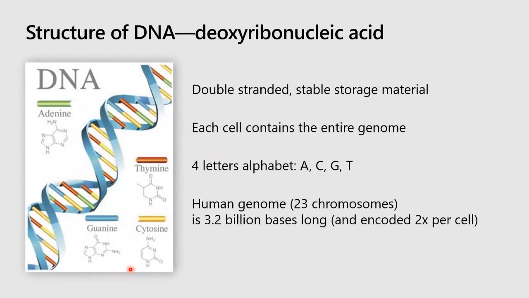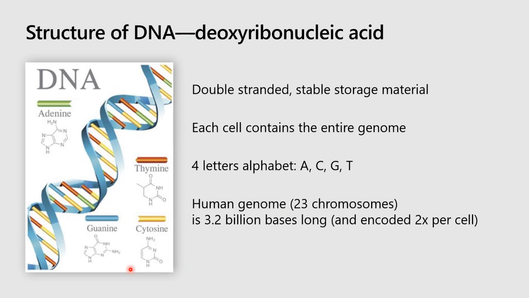So for those of you who may not remember from Bio 101, we're in the world of genomics, we're studying the information encoded within DNA, or deoxyribonucleic acid. Think of this as our molecular hard drive, and that hard drive contains 3.2 billion letters of information, or bases as they're referred to in DNA.